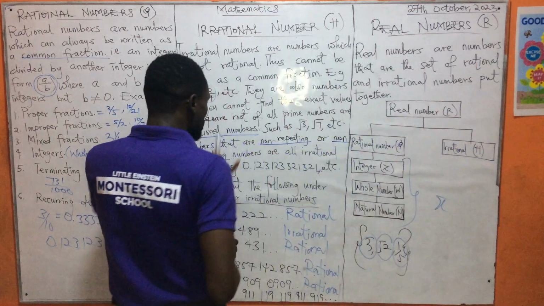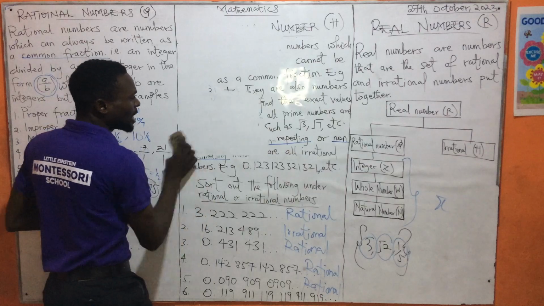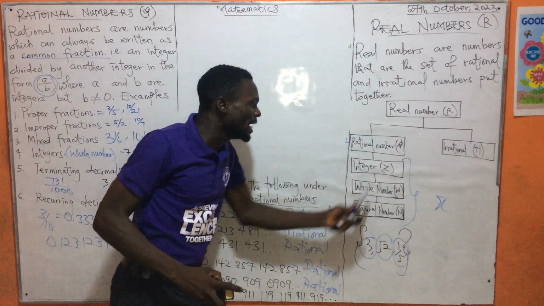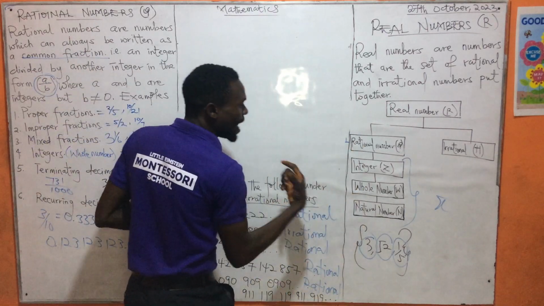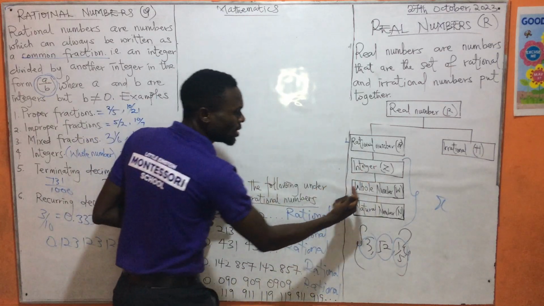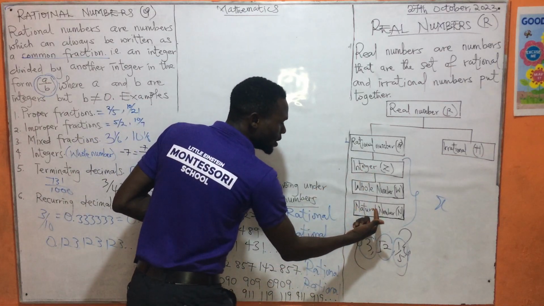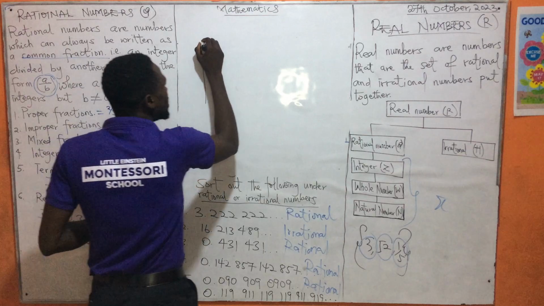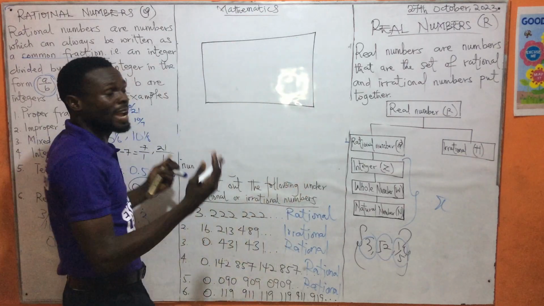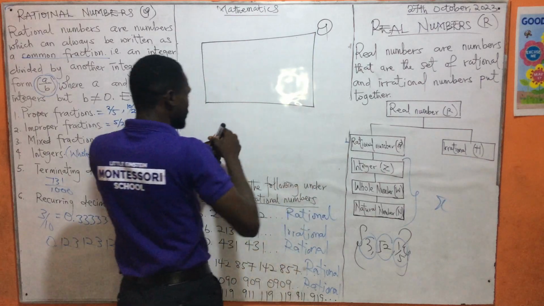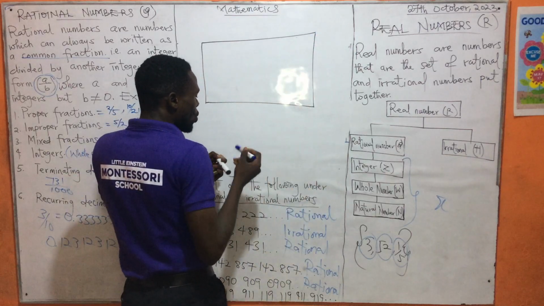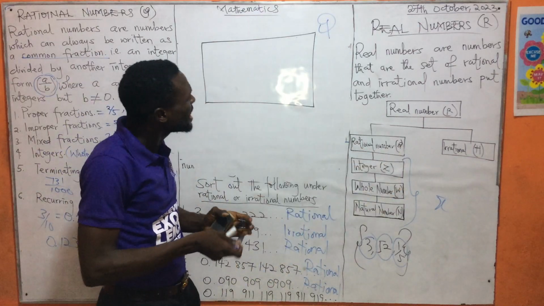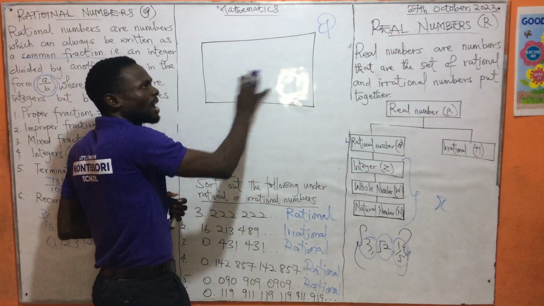Since we understand the irrational, let's quickly look at the relationship between rational numbers, integers and the rest. Integers, whole numbers, and natural numbers are subsets of rational numbers. If this diagram, a Venn diagram, represents our Q, which is rational numbers, then all the elements here are rational numbers.